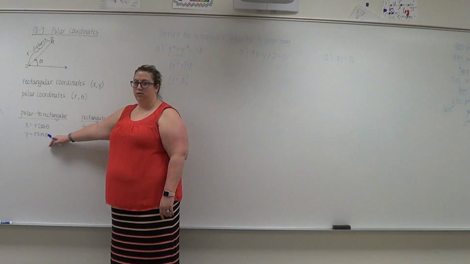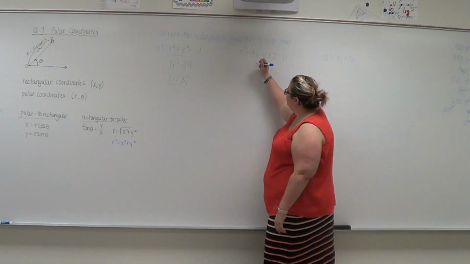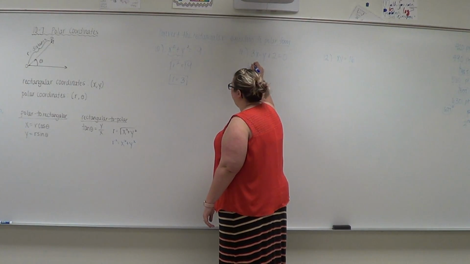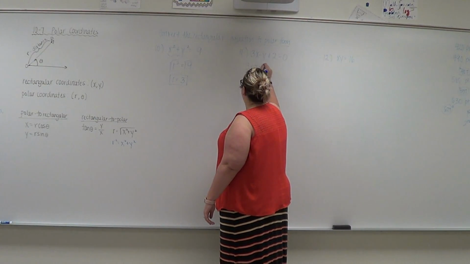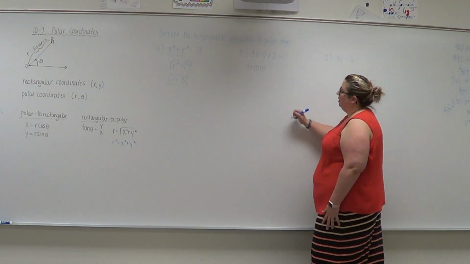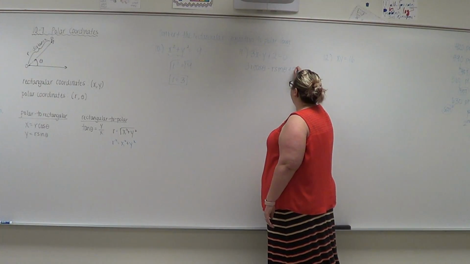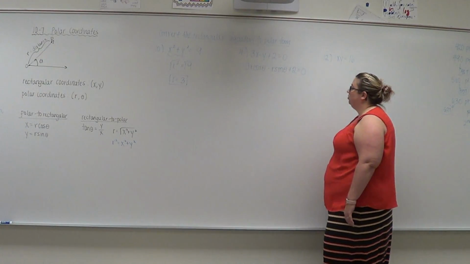for y. Okay, so if I'm doing number 11, this x, I'll still have my 3, but my x is going to become r cosine theta. And then minus, and instead of y, I have r sine theta. And then plus 2 equals 0.